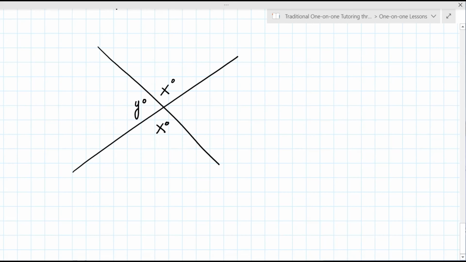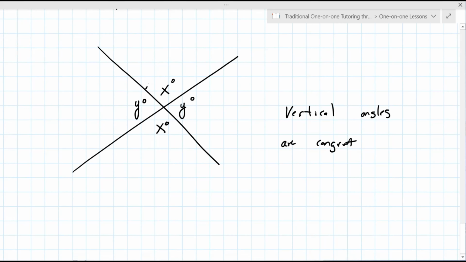And if this is y degrees, then this angle on the right is also y degrees. These are what are called vertical angles. And vertical angles are congruent.